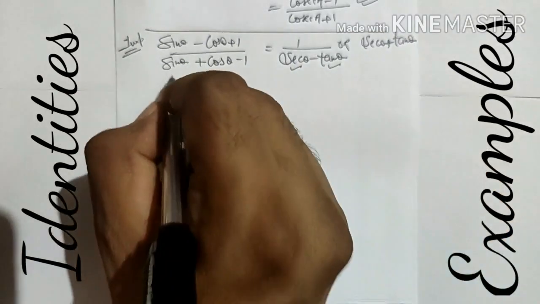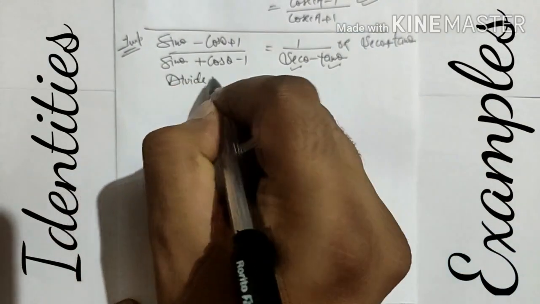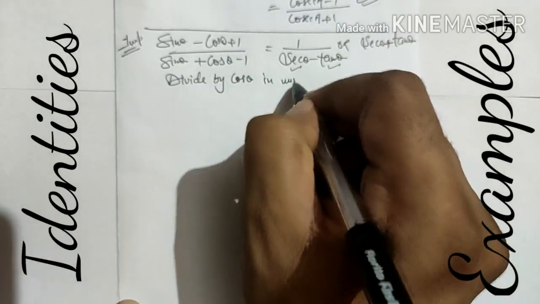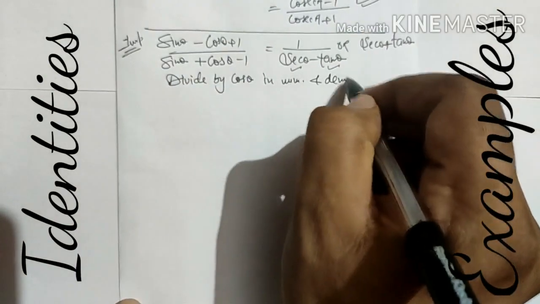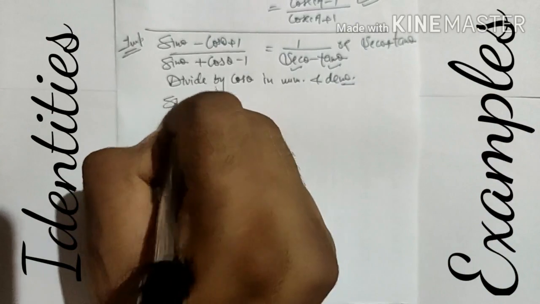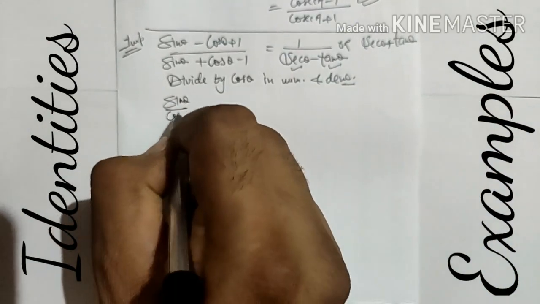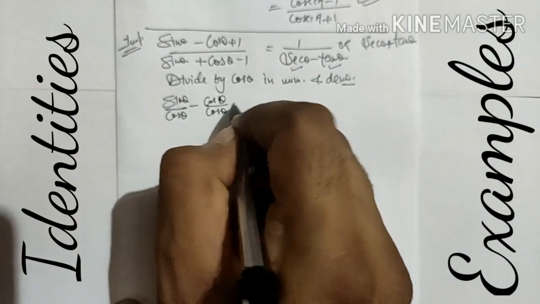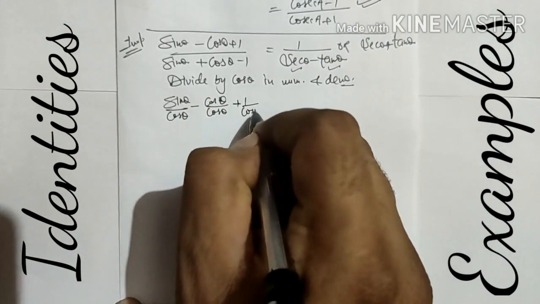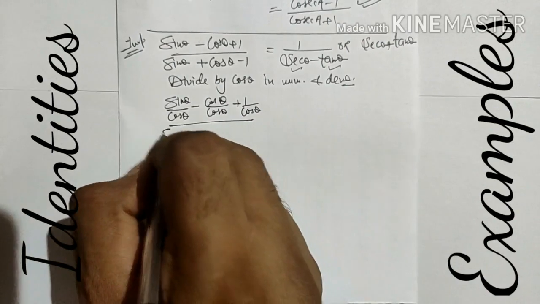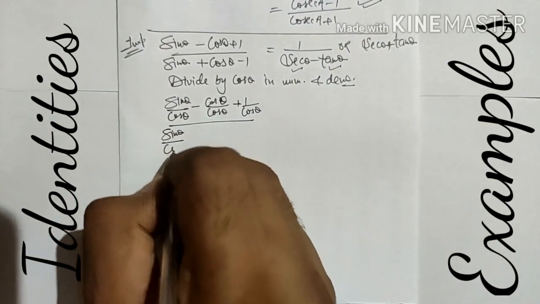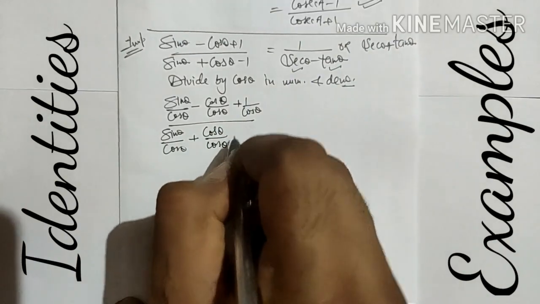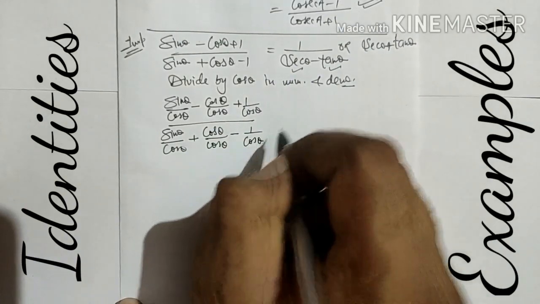So we divide by cos theta in numerator and denominator. So we get from here sine theta by cos theta minus cos theta by cos theta plus 1 by cos theta divided by sine theta by cos theta plus cos theta by cos theta minus 1 by cos theta.